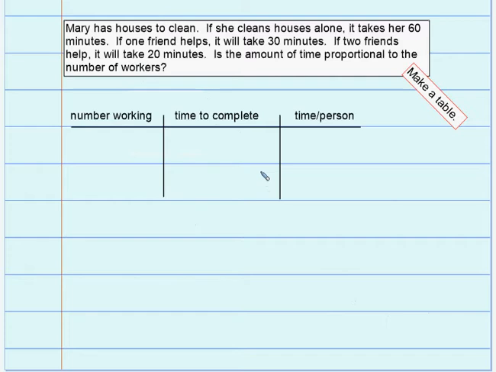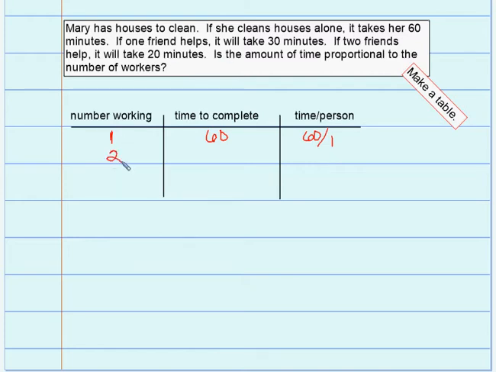Another example, Mary has houses to clean. If she cleans houses alone, it takes her 60 minutes. She's really fast, or she's not doing a very good job. But if one friend helps, it will take 30 minutes, and if two friends help, it will take 20 minutes. Is the amount of time proportional to the number of workers? So again, we'll make a table. If one person is working, that's just Mary, it takes her 60 minutes, which is 60 minutes for one person.